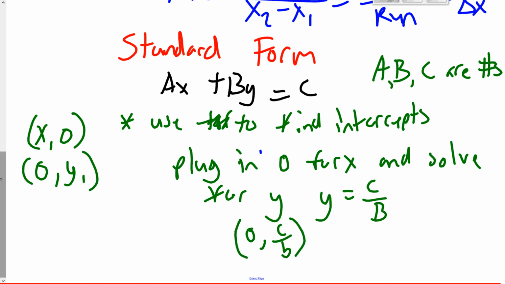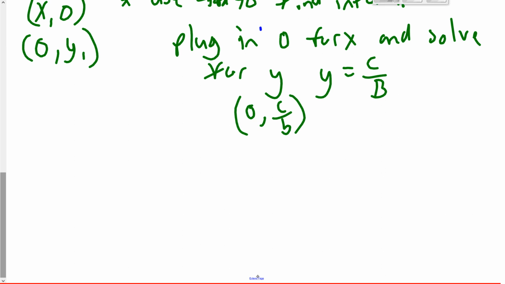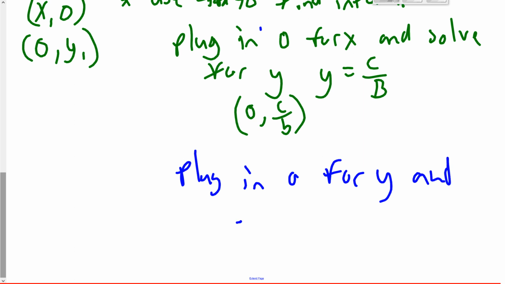Now for the x-intercept, you do the same thing, except you plug in 0 for y and solve for x. So that's why this form is great. Slope-intercept and point-slope form are always set equal to y, so if you plug in 0 for y, it's a little bit harder to solve for x.